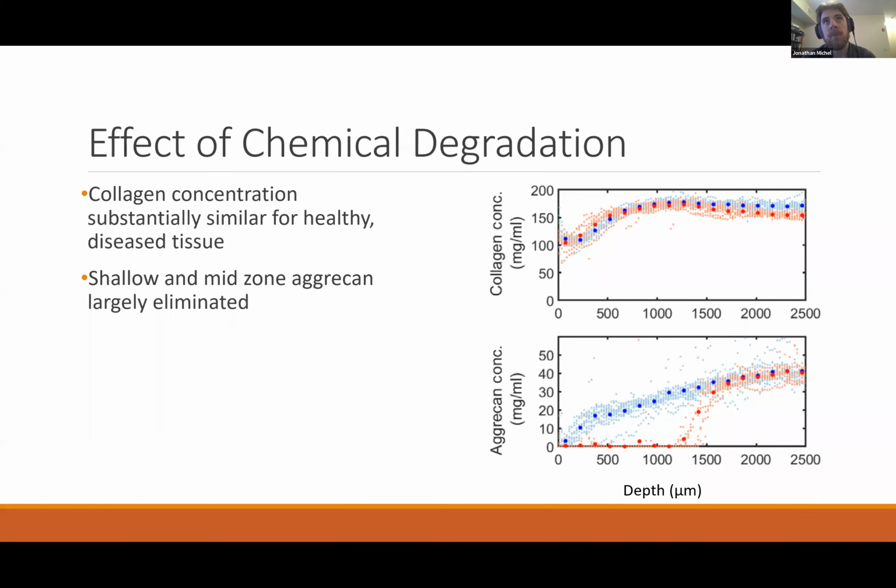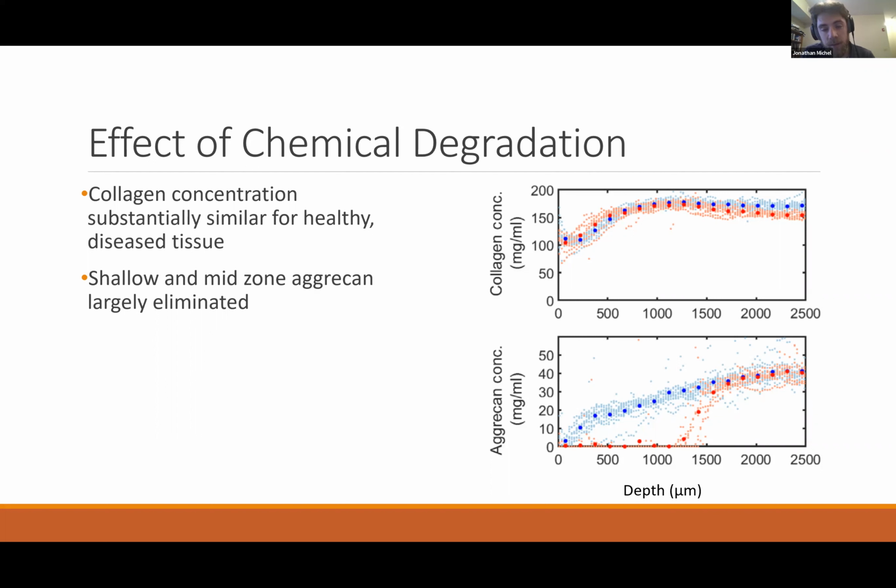Now, aggrecan is one of these aforementioned proteoglycans that branches off from the hyaluronic acid backbone in the hydrogel that encases the collagen scaffold. So we're going to use aggrecan here as a proxy for characterizing how much the tissue has been degraded by the addition of the trypsin enzyme.